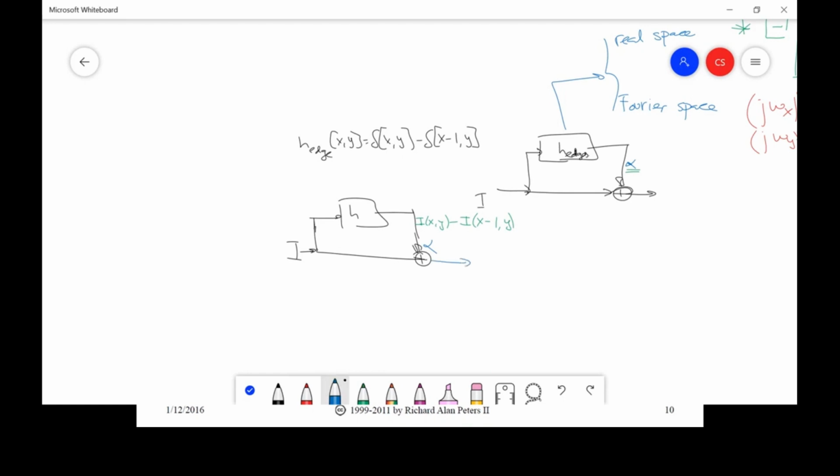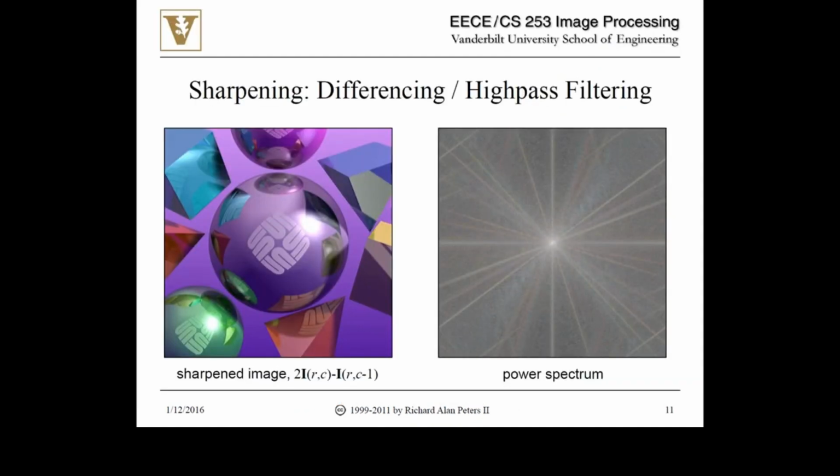So we have I on both sides, plus alpha I minus alpha I x minus 1 I. And then you can regroup these as 1 plus alpha I minus alpha I x minus 1 I. So this is the kind of expressions that we have there. If you make alpha equal 1, you have this one.